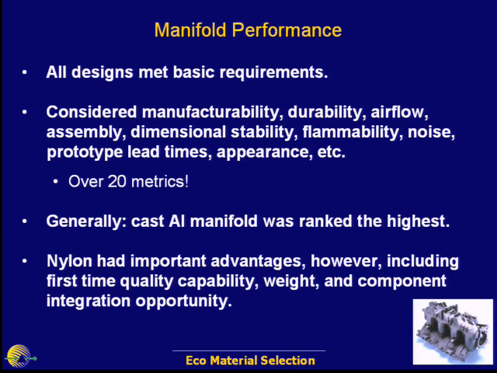Nylon had some important advantages because quality considerations, fewer scrap instances in the production. The weight, of course, was important for CAFE standards, and the ability to integrate different components. Right, if you have a forming process and you have a design change, it's relatively easy in that forming process. Casting and brazing would be more difficult processes to change tooling for.